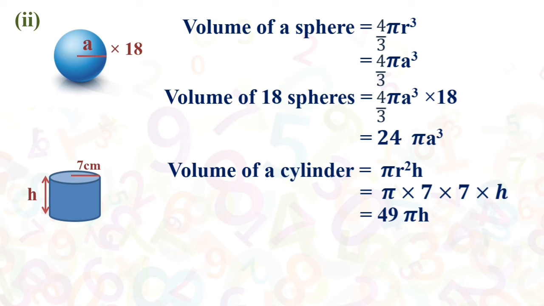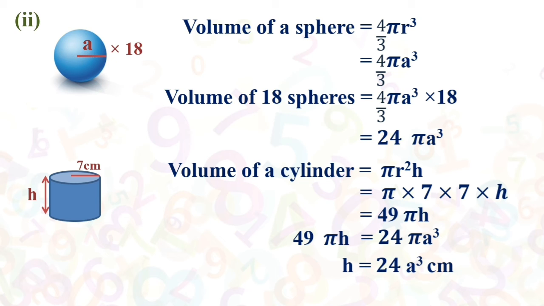Now all these spheres have been put into the cylinder, the water rises up. So according to Archimedes' law, we can say that these two volumes are equal. So I can write it like this: 49 π h equals 24 π a cubed.